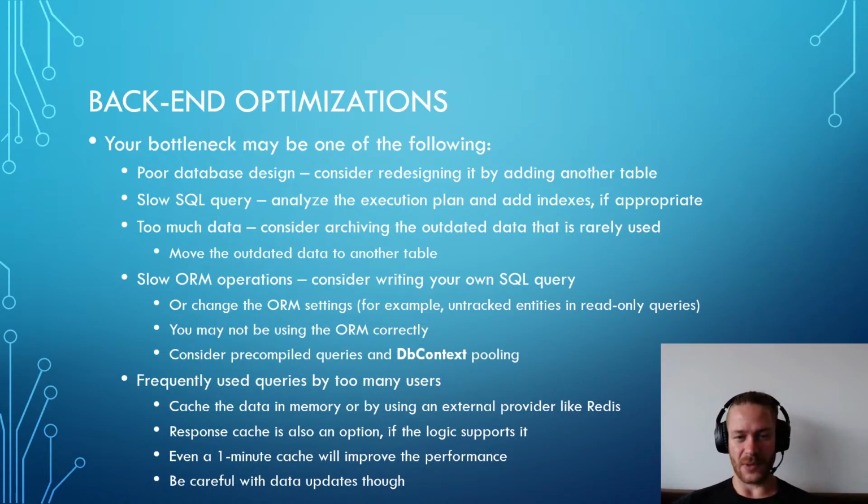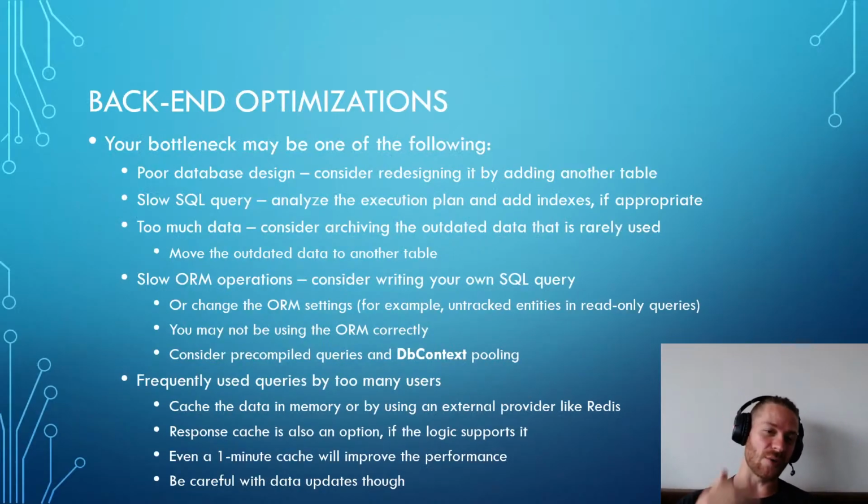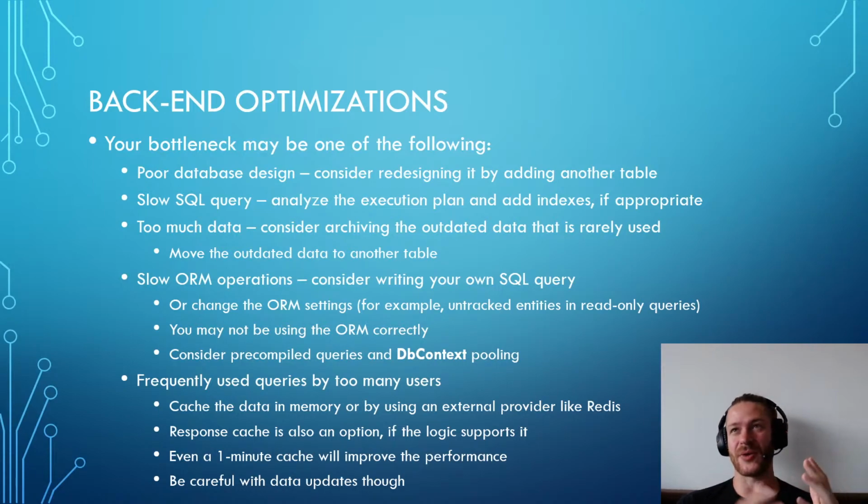You can go to a profiler or you can go to SQL Server and see the execution plan of your SQL query. So what is an execution plan? If you don't know that, I already posted videos about database indexes, so I'm not going to cover them in this video. Make sure to check these two videos out about execution plans, which are available on my Patreon, and about indexes.